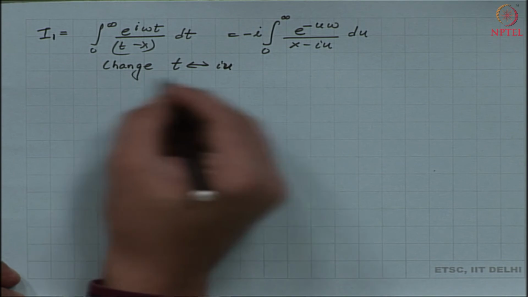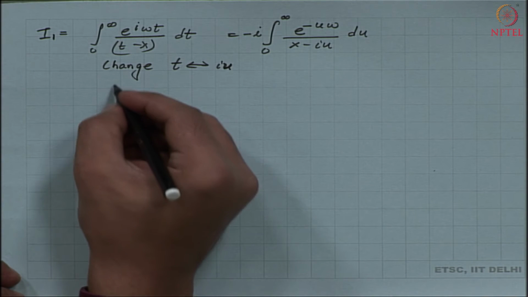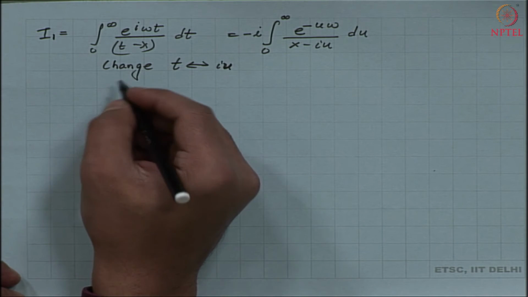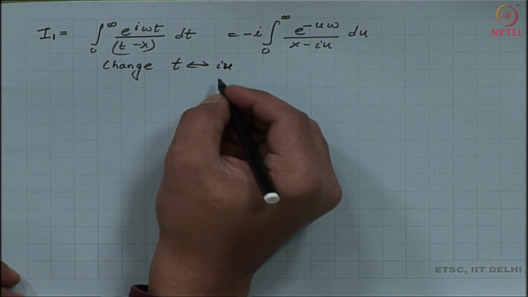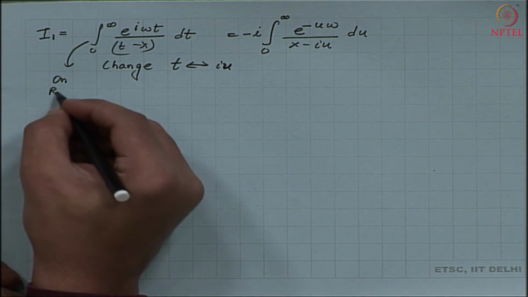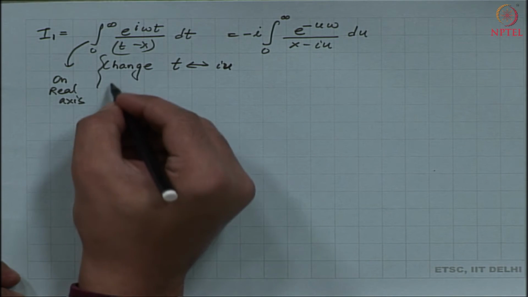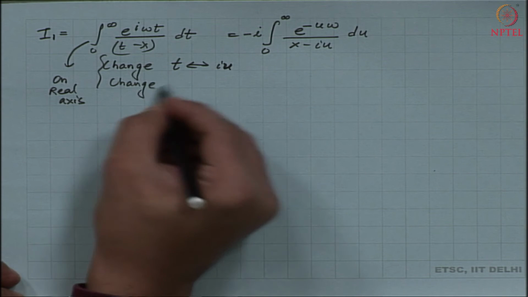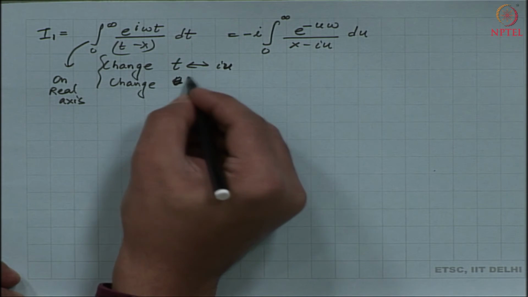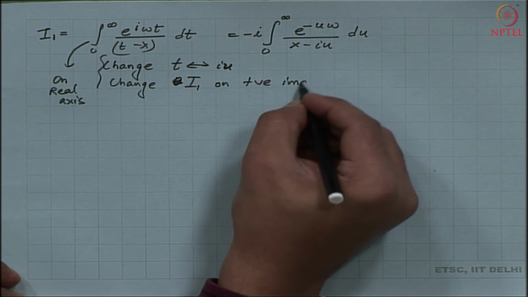So what I have done is first made a change of variables, and also I have changed the integral from the negative to the positive. The earlier integral was on the real axis, right. So I have further changed the integral, changing I1 to the positive imaginary axis.